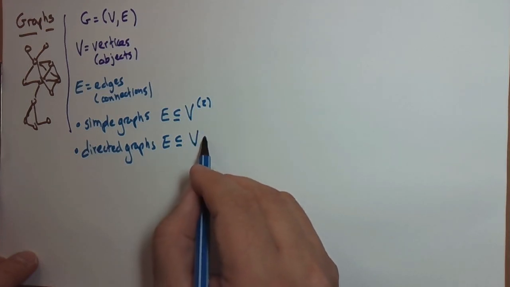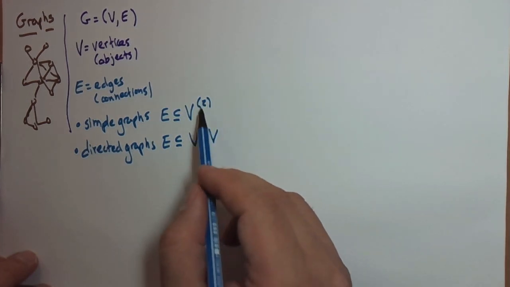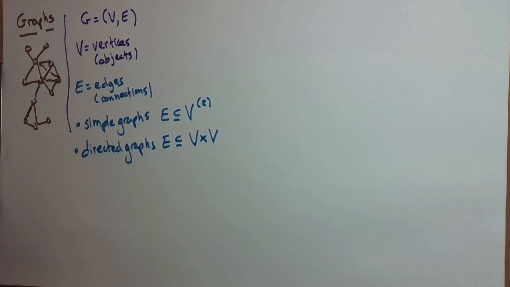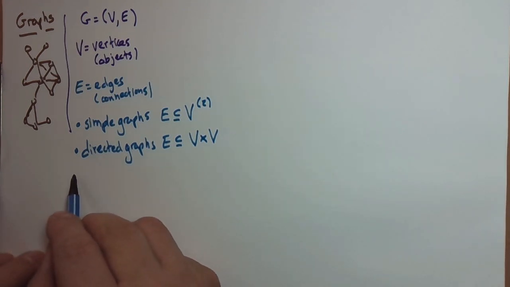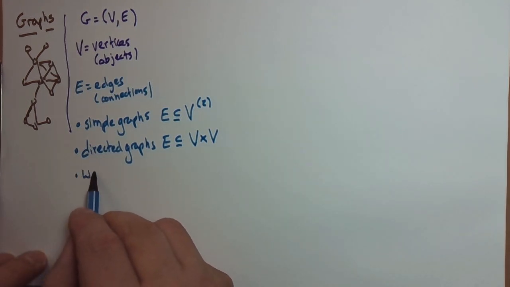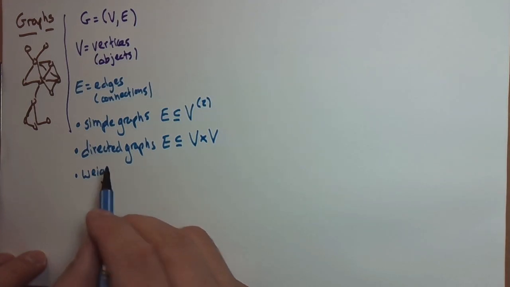So I can think of them not as 2-element subsets, but as 2-element lists, and so V cross V, the Cartesian product of V and V. We can have weighted graphs, and these can be weighted simple graphs or weighted directed graphs.